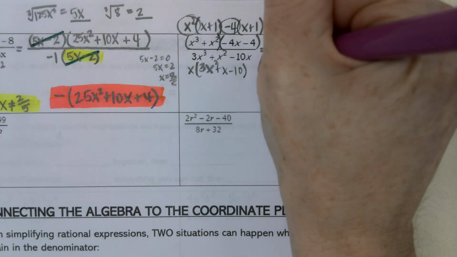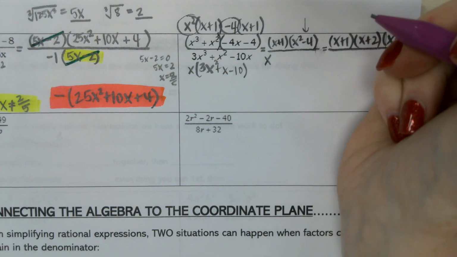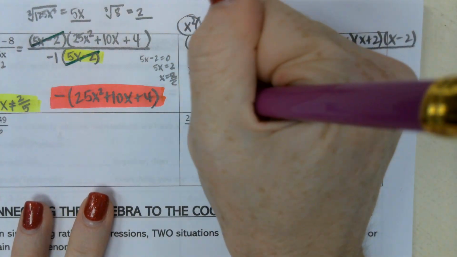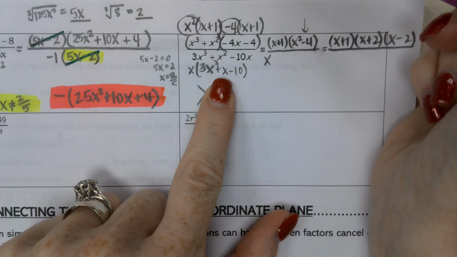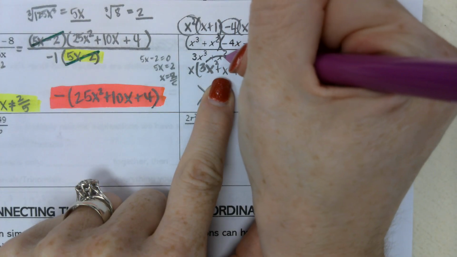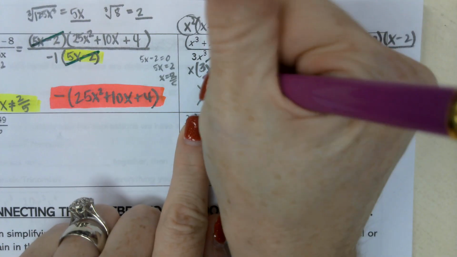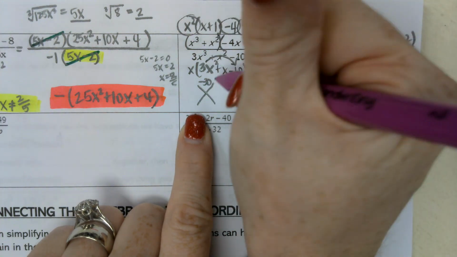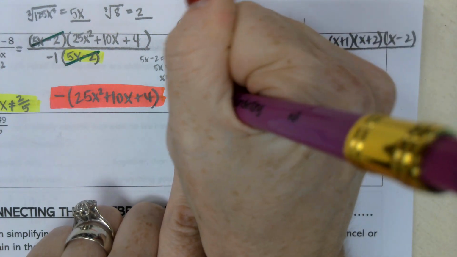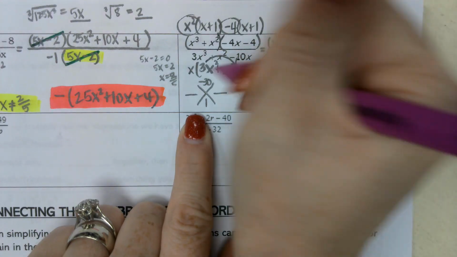Now I know there's going to be an x. I don't want to leave off that right there, but I am going to do the x method for this in the parentheses. 3 times negative 10 is negative 30, and I need that to add up to give me a positive 1.